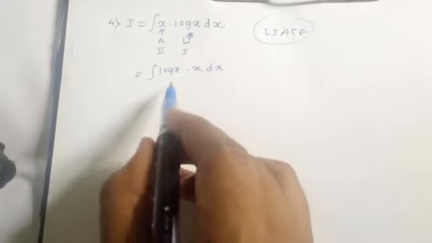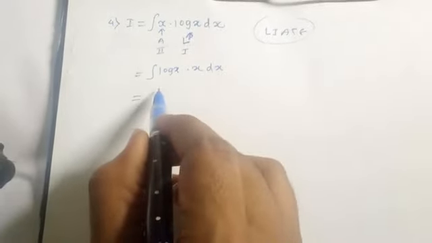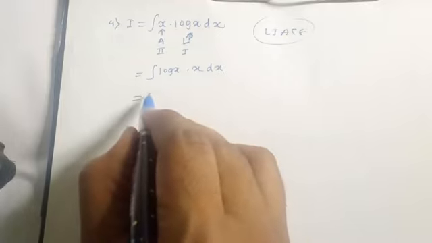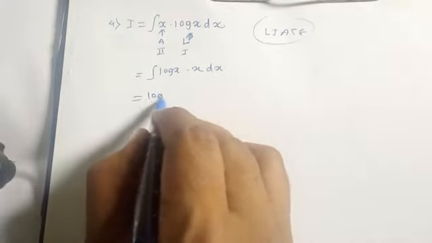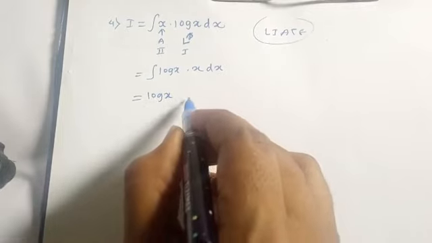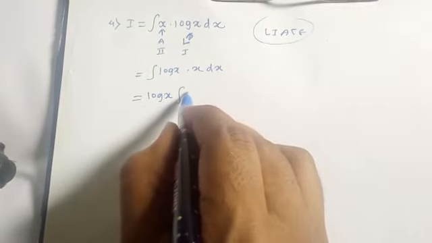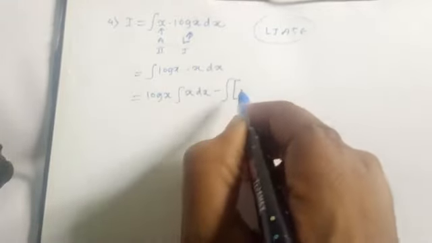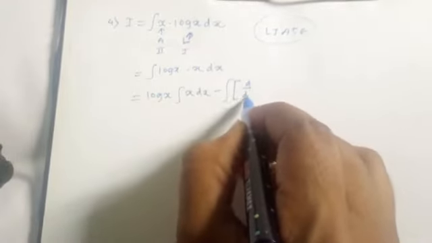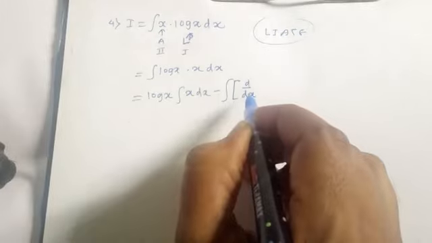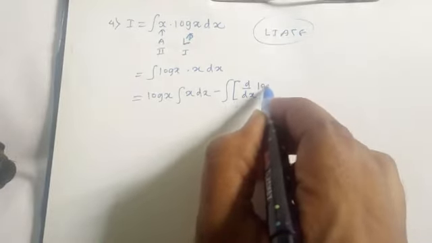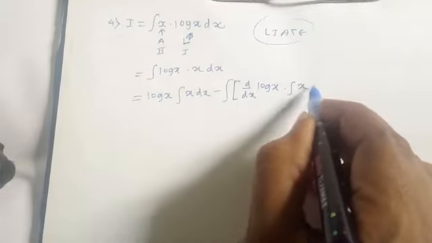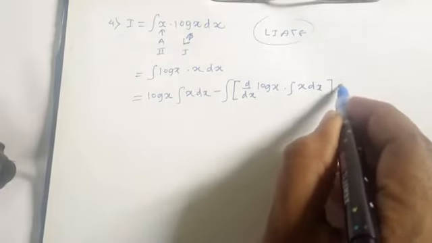So use here the product rule, or integration by parts, and it says: first term as it is, that means log x as it is, into the integration of the second term, minus the integration of the bracket: derivative of the first term, and the first term is log x, that means the derivative of log x, into the integration of the second term, dx.